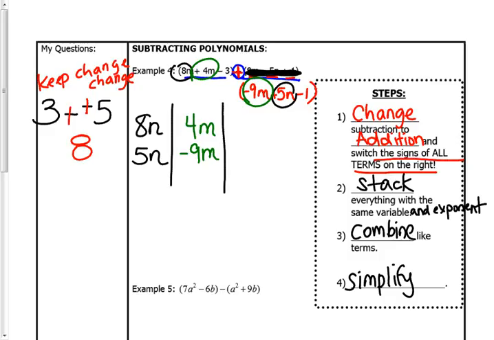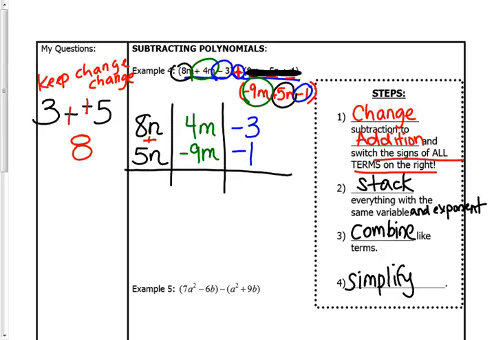Then I see a minus 3 or a negative 3, so I got to keep that sign there, right? Do I see any other, and this is called a constant, do I see any other number that does not have a variable in it? And that would be this negative 1 or the minus 1. So I've got to keep those together. And now I can add, right? I'm combining like terms.